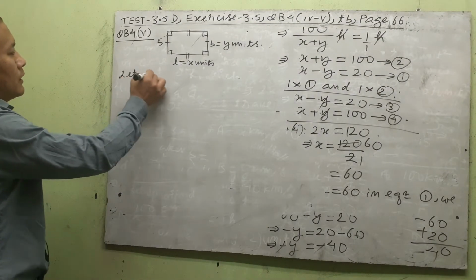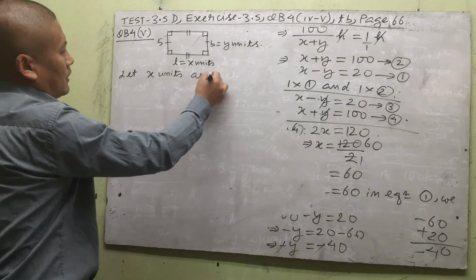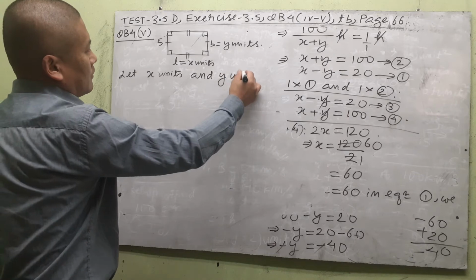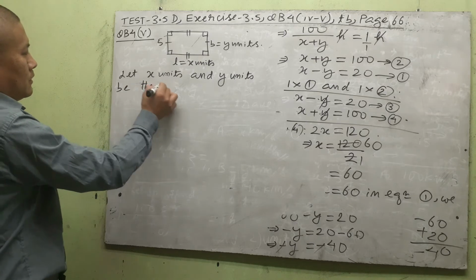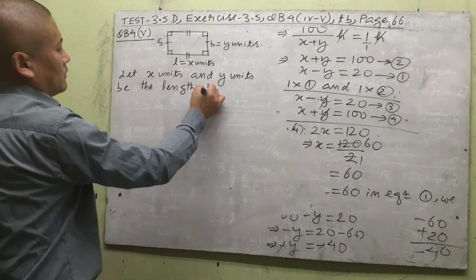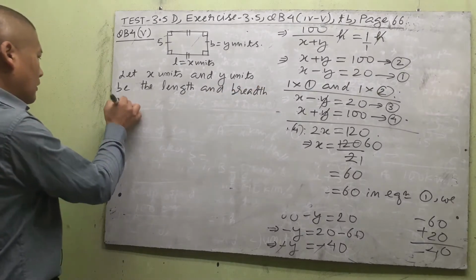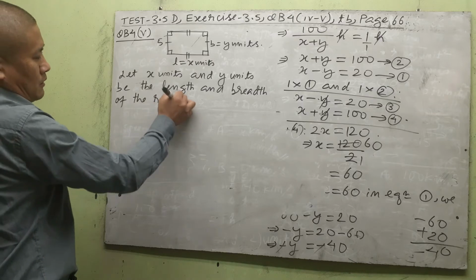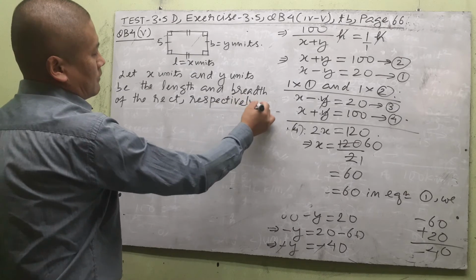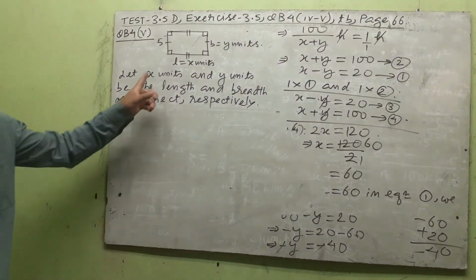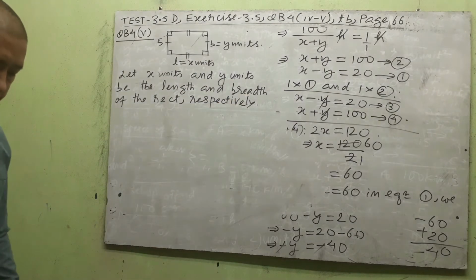So let us start: let x units and y units be the length and breadth of the given rectangle, respectively. That means x represents the length and y represents the breadth. That is the meaning of respectively.